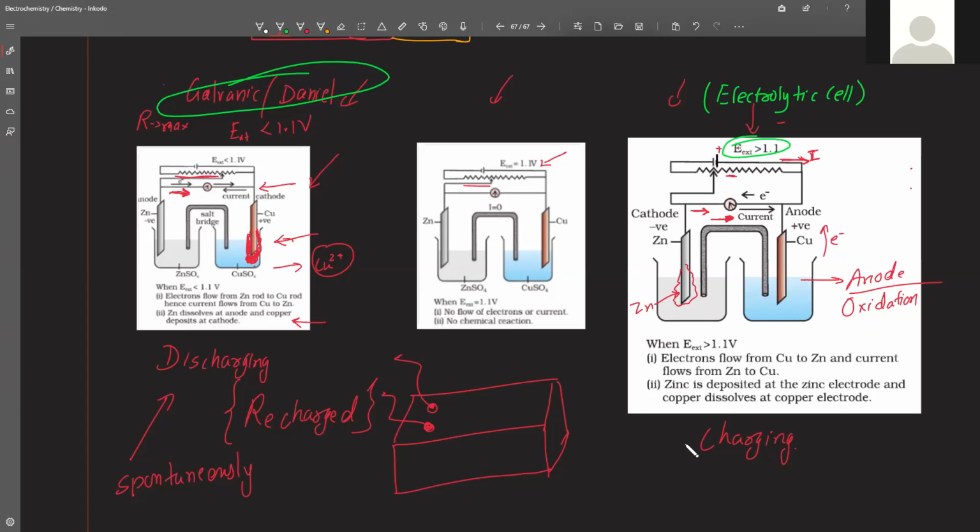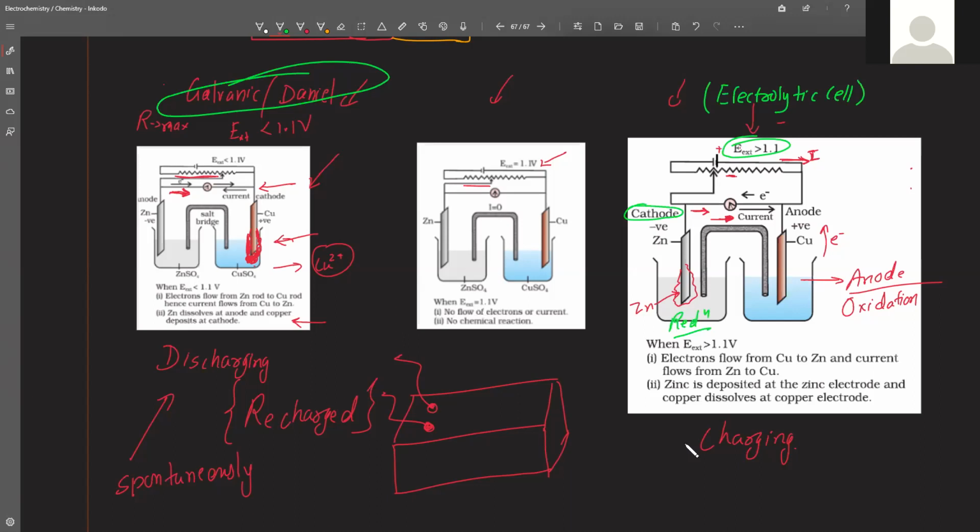So the ZnSO4 in the solution will consume the electrons coming here, and that's why there will be a reduction here. Because this is reduction, this electrode is now the cathode.